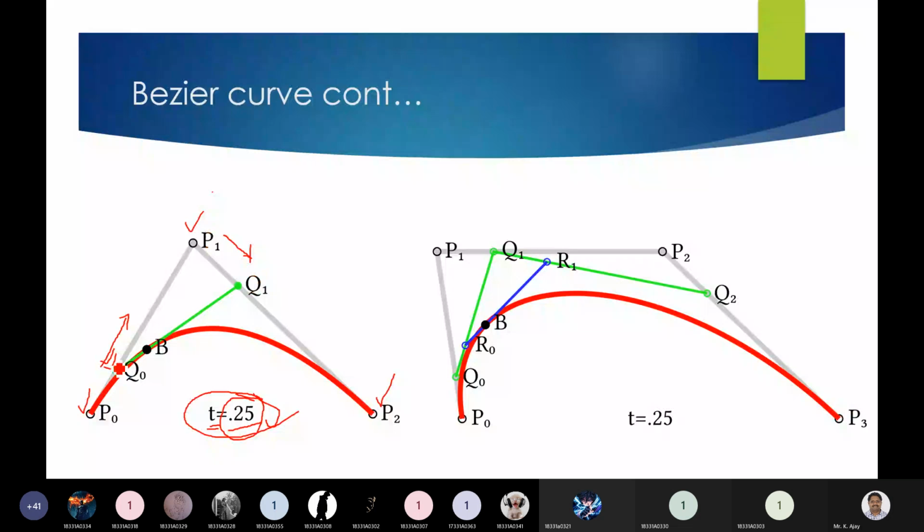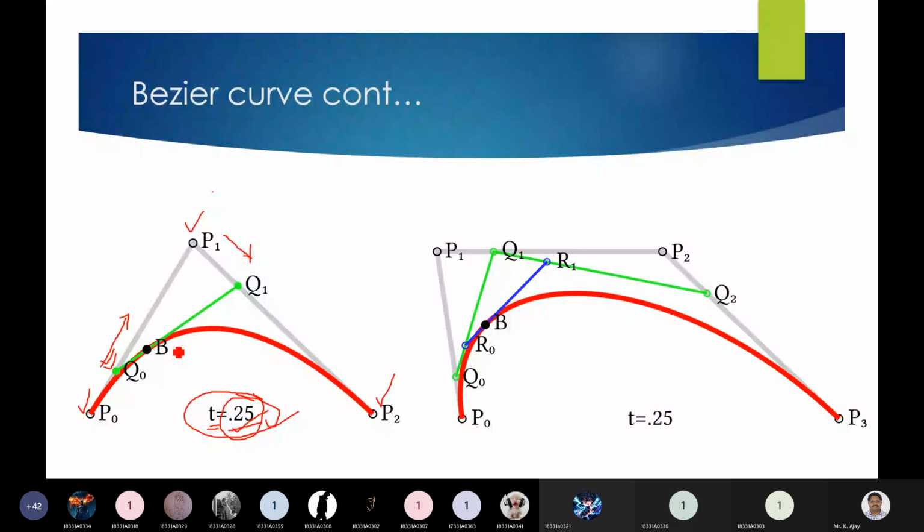So now you can imagine, at any t value, the position of q0 as well as q1. As an example, he took t at an instant, t equal to 0.25, and the q0 and q1 positions are shown with green color dots. By joining these two green dots, I can form a green line, right?